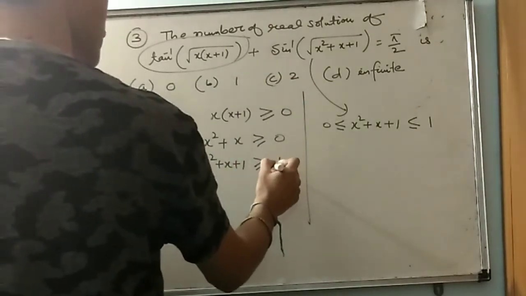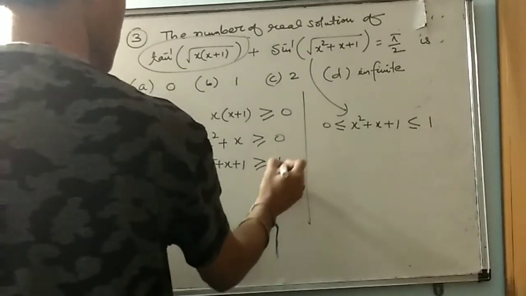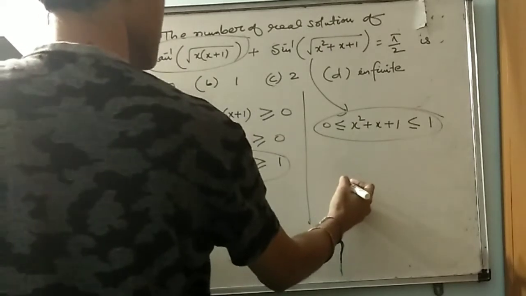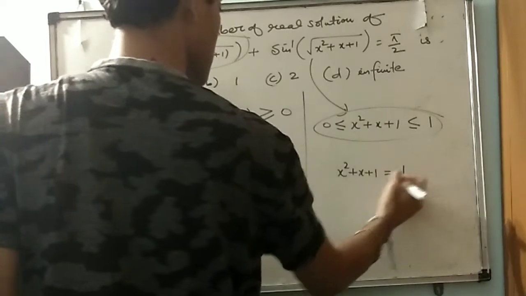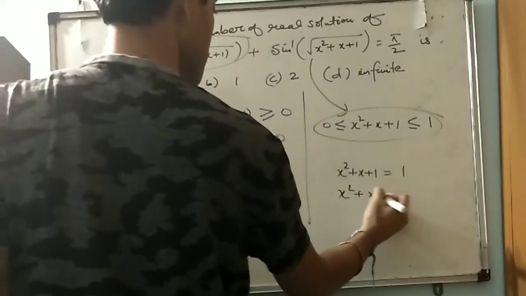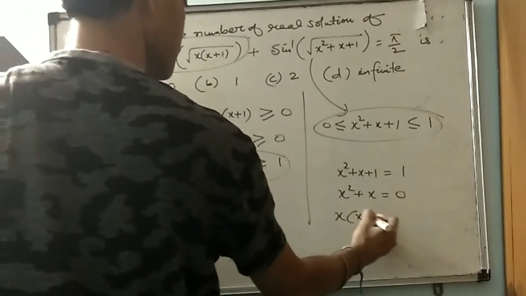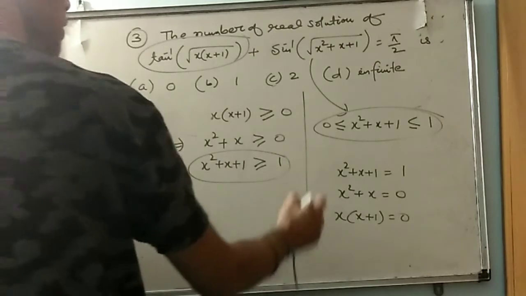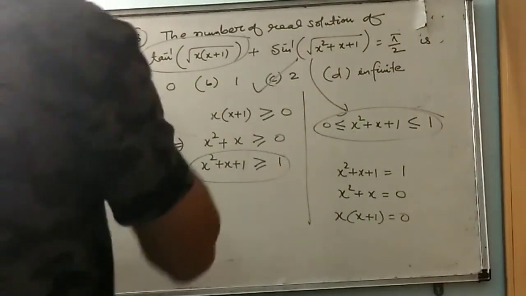Therefore the common solution will be this part, equal to 1. If you look at this and look at this, the common solution is x square plus x plus 1 is equal to 1, which gives us x square plus x is equal to 0, and obviously it is having two solutions, one is 0 and one is minus 1. We have been asked for the number of solutions, so this option is the right one.